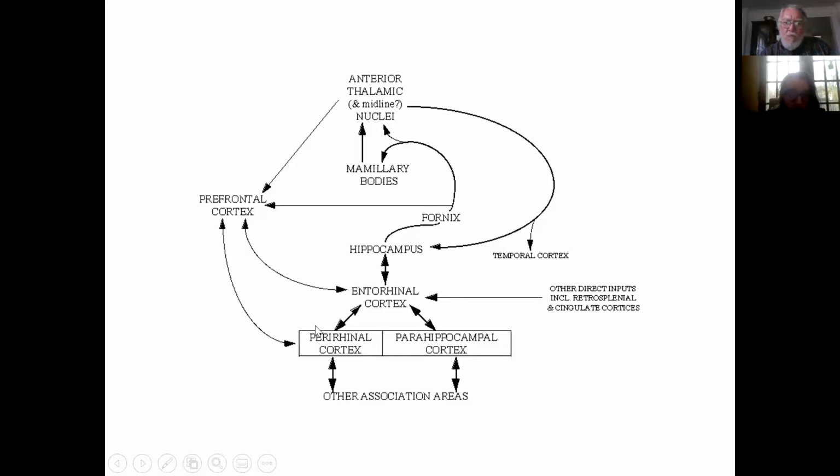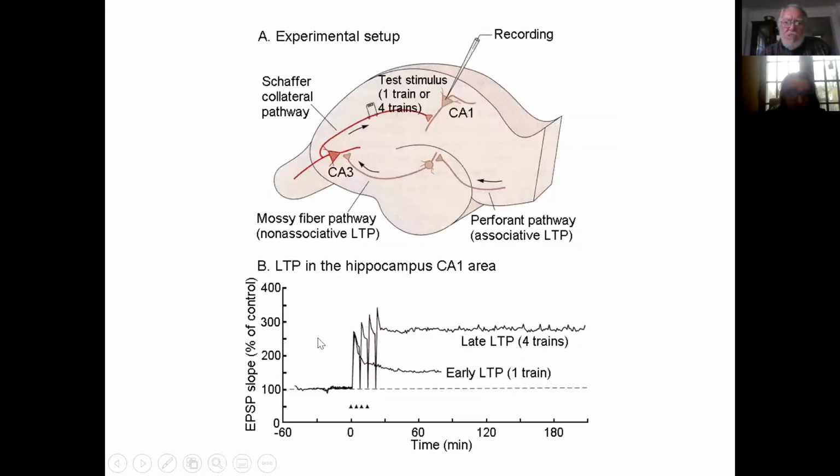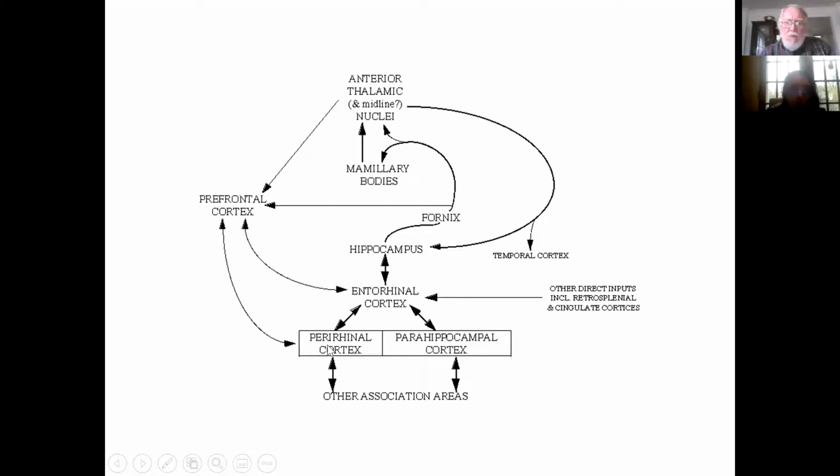The prefrontal cortex has reciprocal connections with perirhinal cortex, smell brain, the other association areas, and then the parahippocampal cortex has connections. And then you have other inputs from retrosplenial and cingulate cortices, all coming into the hippocampus.